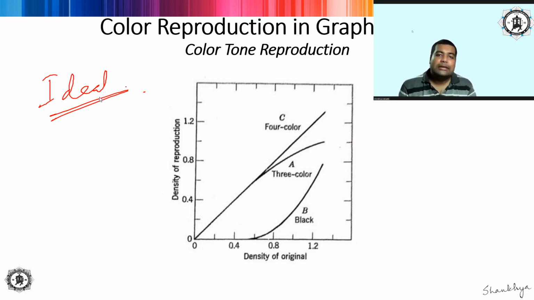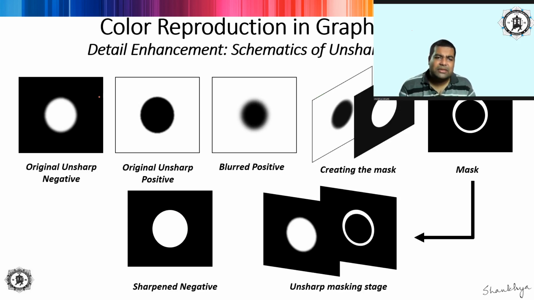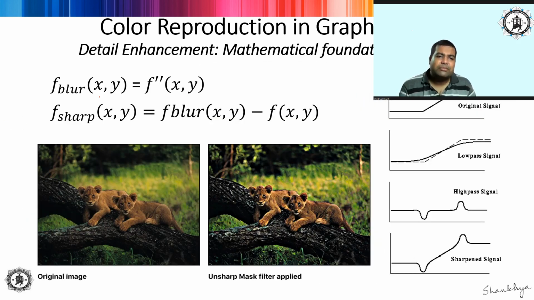What can be done is, while printing, now you may ask me a question: okay, you have been telling us all the while that you measure the density of the reproduction versus the density of the original, that is all well and good, but how do I do that? Because there's a practical problem. You see, any given image, so let us take an example of this image only.